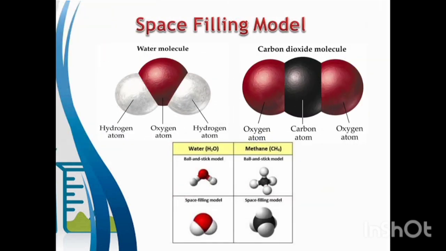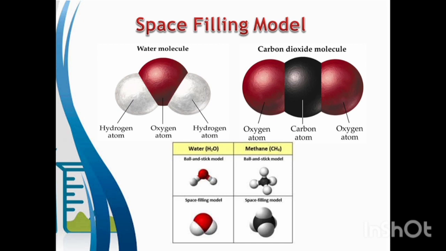Next, we have the space filling model. As you can see, it is different from ball and stick. We have to fill out the space. For example, the water molecule. The central part is the oxygen because it has 1 oxygen and 2 hydrogen.